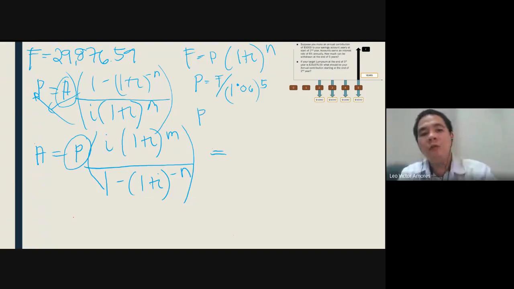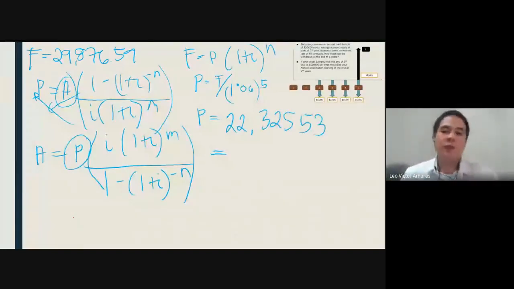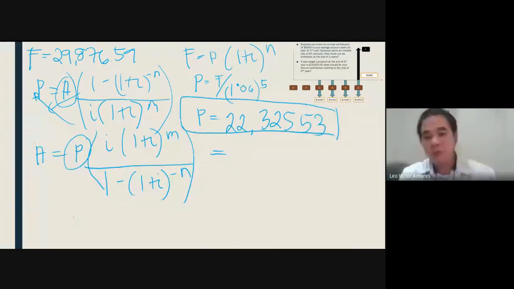Meaning the value of your principal amount should be 22,325.53. So your P is equivalent to 22,325.53.